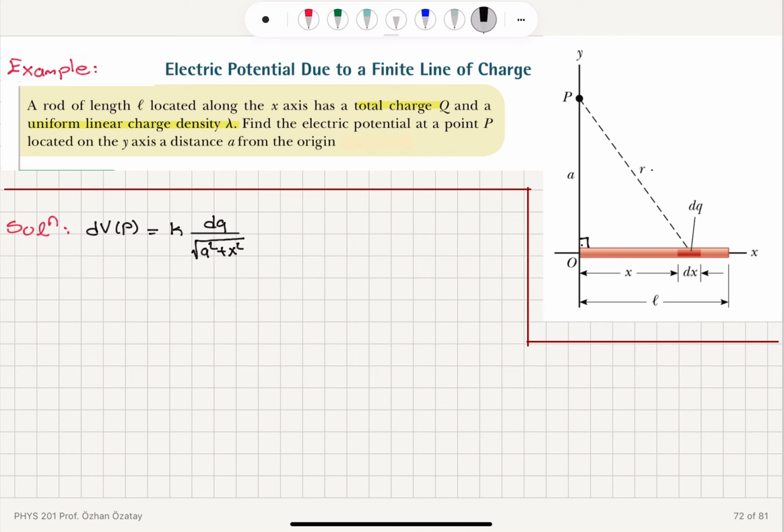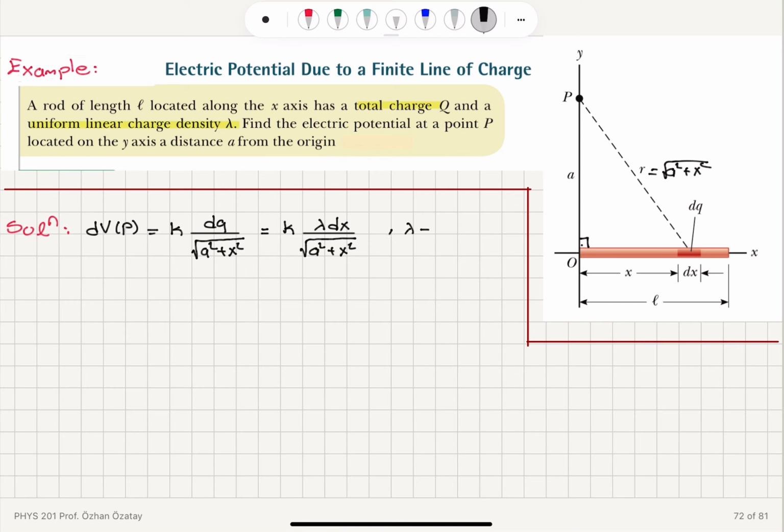So what is dq? It is lambda, the uniform charge density, multiplied with dx. So this will be k lambda dx divided by square root of a squared plus x squared.